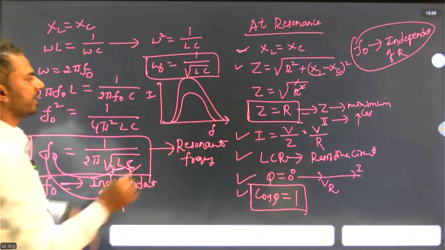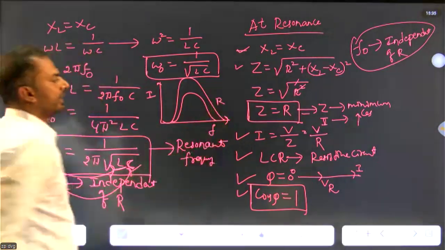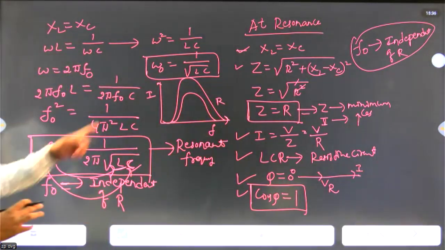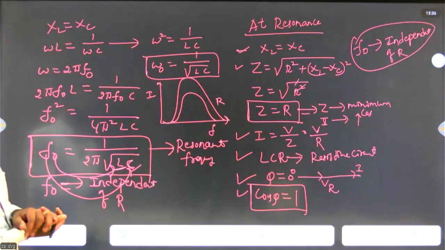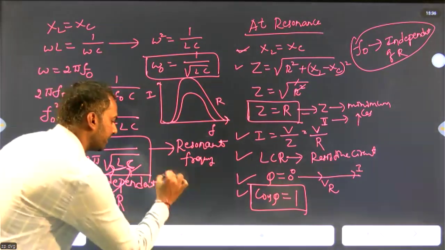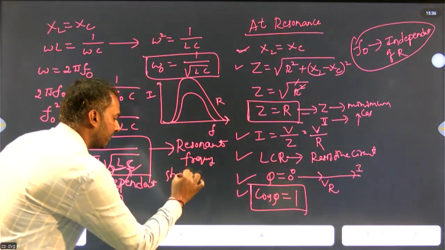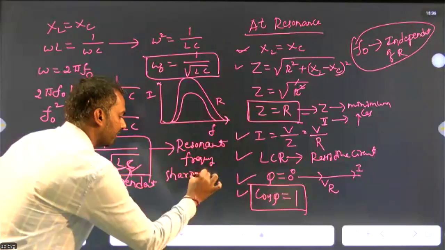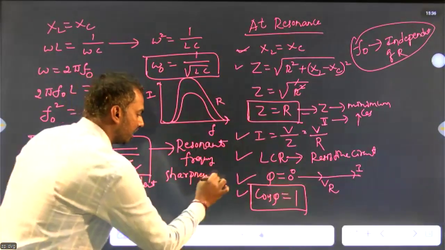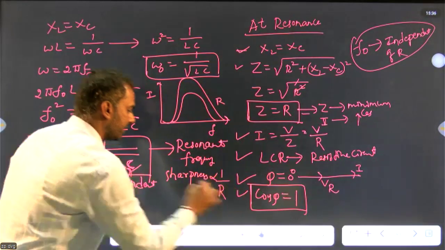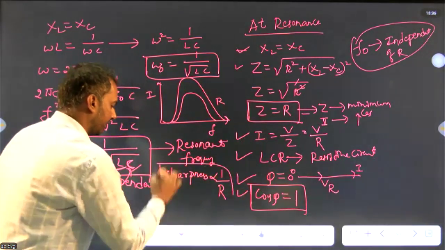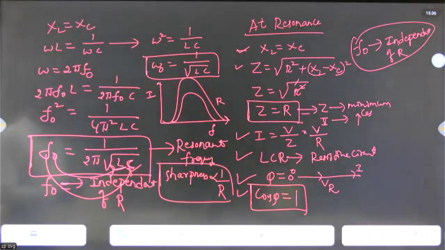So sharpness of the resonance curve depends inversely on resistance R. As R increases, sharpness decreases. This is about electrical resonance.